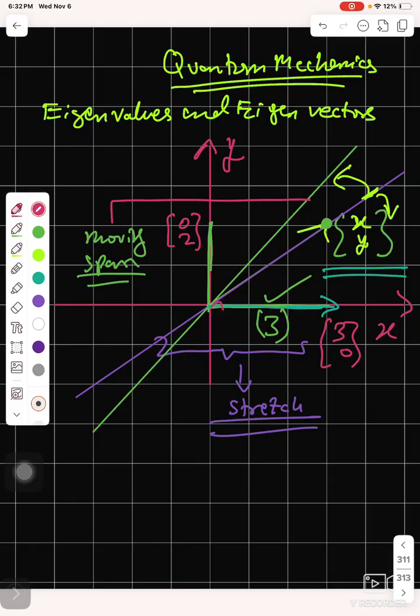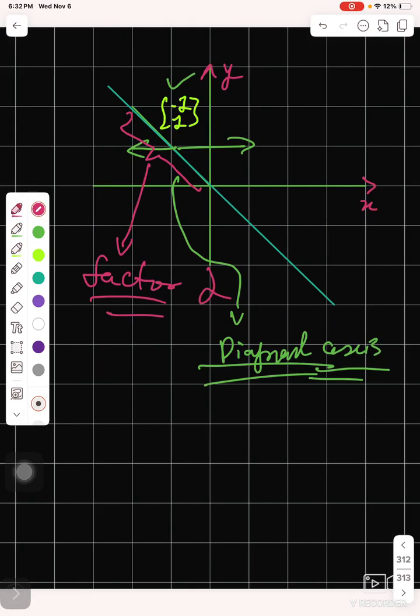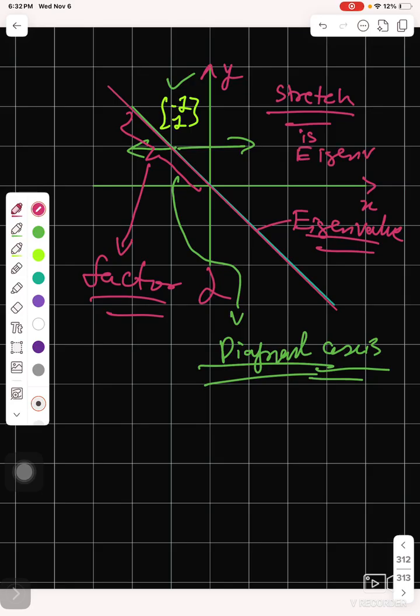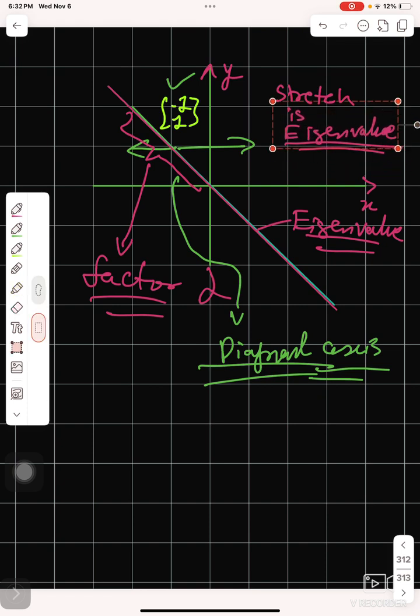The line which doesn't change with the transformation or stretching of the graph, the unchanged line, is nothing but the eigenvector, and the scaling factor by which we stretch this line is the eigenvalue.